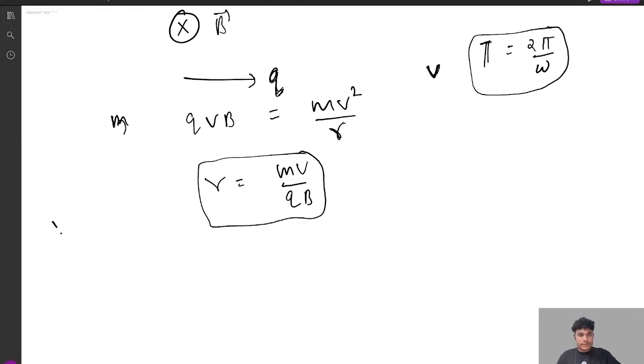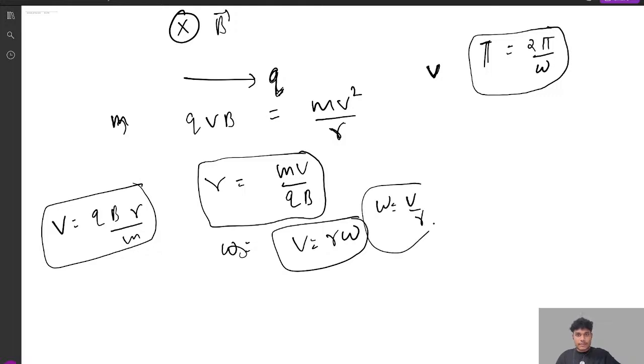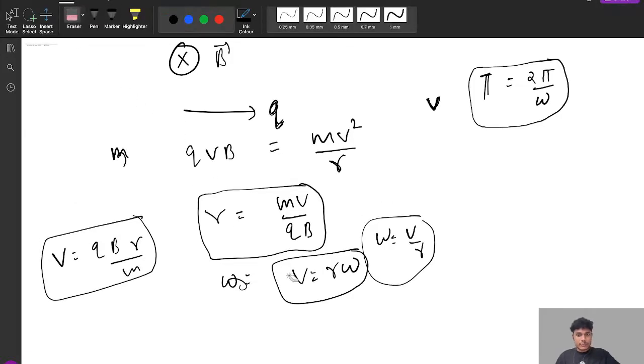And what is our velocity, that is qBr by m. This is our velocity. What is our angular velocity omega? v is equal to r omega. From here we get omega is equal to v upon r. What is v upon r?